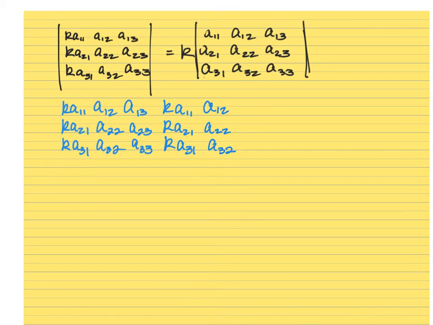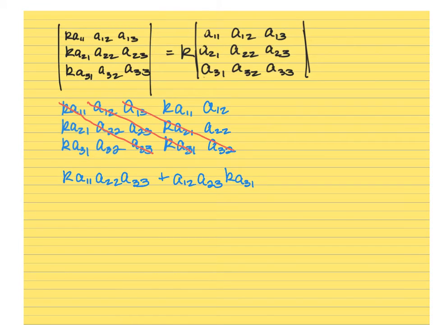And so the process for finding this determinant is to multiply down that diagonal. And when I do that, I'm going to get k times A sub 1,1, A sub 2,2, and A sub 3,3. And then multiply down this diagonal, and that's going to give me A sub 1,2, A sub 2,3, times k A sub 3,1. And I'm going to add those results.